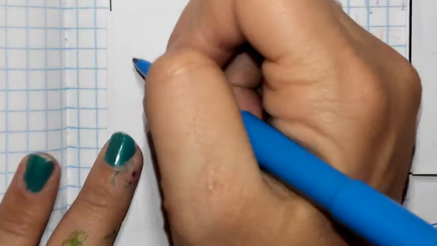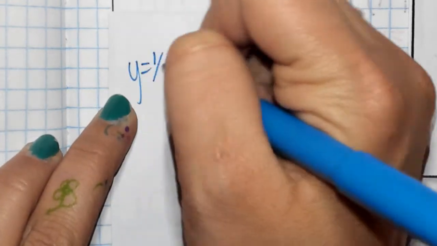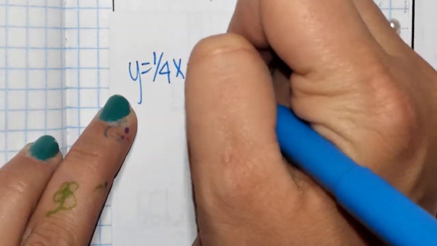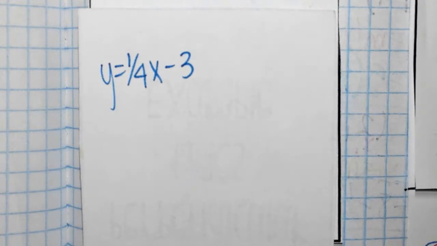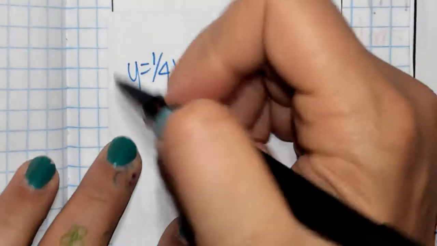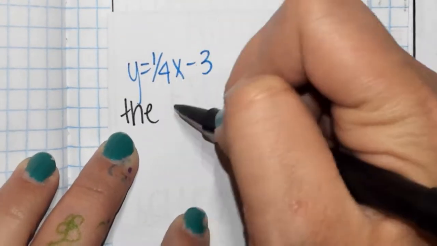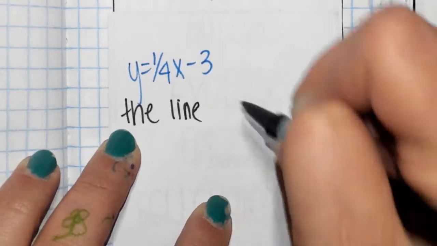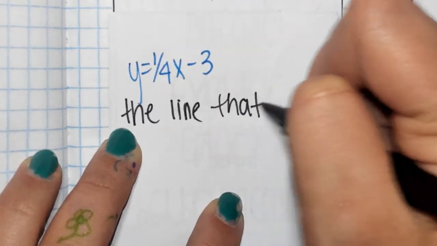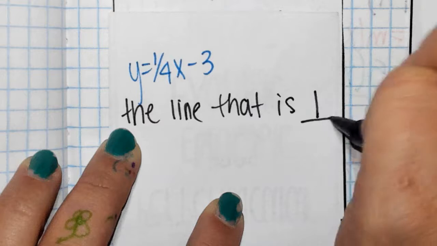So, my first equation is going to be y equals 1/4 x minus 3. And I want the line that is perpendicular.